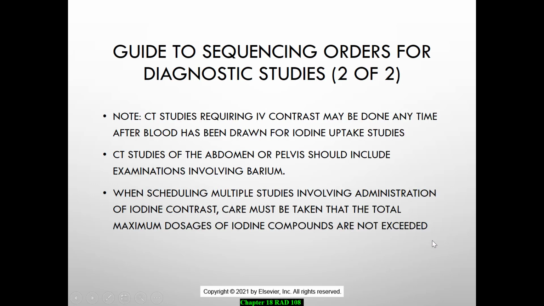Same thing when you're doing any CT studies that require contrast. They need to be done anytime blood has been drawn for iodine uptake studies, and then your CTs of the abdomen or pelvis should include examinations involving your barium. So when you're scheduling multiple studies involving administration of that iodine contrast, you want to make sure that that isn't going to totally exceed the maximum dosage of that iodine compound that's required for that study.